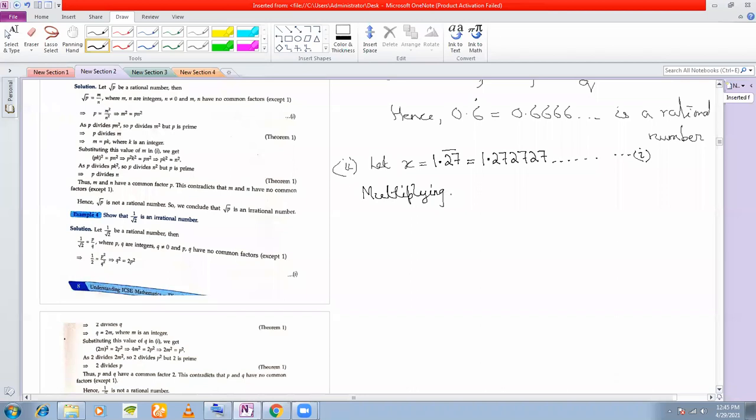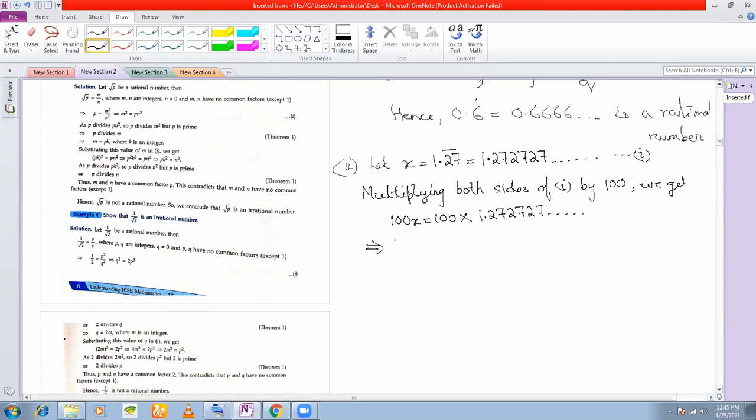But here two digits are recurring, so we'll multiply both sides by 100. So we get 100x is equal to 100 into 1.272727 and so on, right?